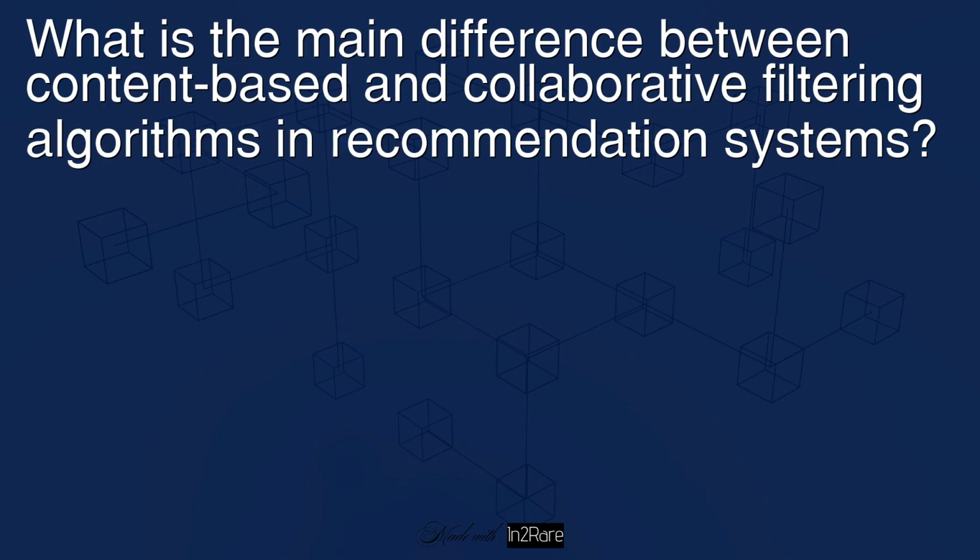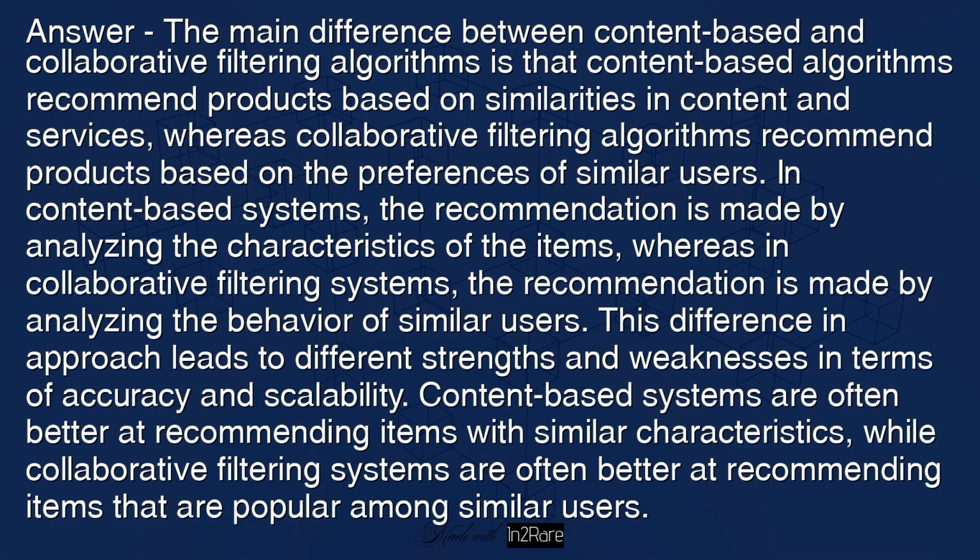What is the main difference between content-based and collaborative filtering algorithms in recommendation systems? Answer: the main difference is that content-based algorithms recommend products based on similarities in content and services, whereas collaborative filtering algorithms recommend products based on the preferences of similar users.